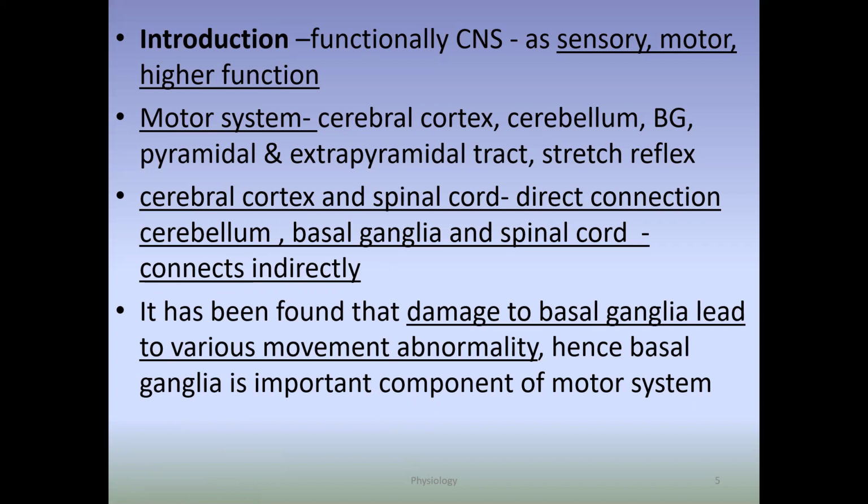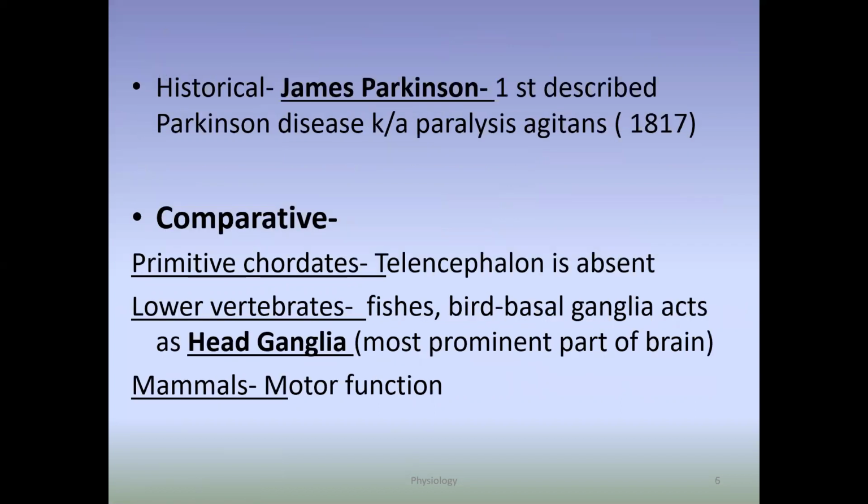That we are going to see in the basal ganglia connections. It has been found that whenever there is damage to the basal ganglia, it leads to various abnormalities of movement, and that's why basal ganglia is an important component of the motor system.